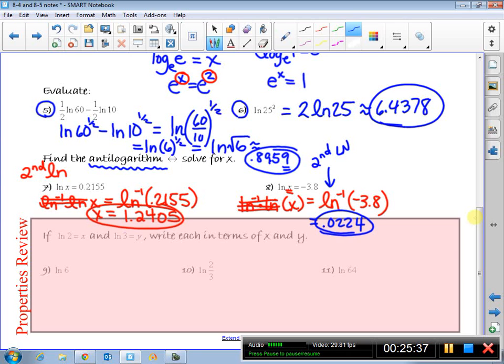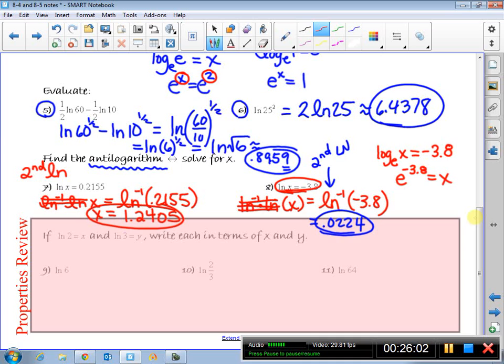The other way to think about this problem, I said I would do it two ways, is that ln of x really means log base e of x, and we have that equal to negative 3.8. So now change this log equation to exponential form. E to the negative 3.8 equals my x.